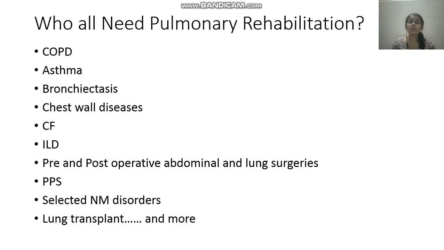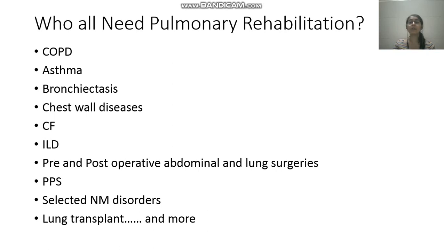Who are the people who need pulmonary rehabilitation? The people suffering from the diseases which I have listed here. It's not necessary that it is limited to only these diseases. There are many more which are related to lungs, because I have stated umbrella terminologies like COPD, ILDs, pre and post-operative abdominal and lung surgeries, any surgery where they've used anesthesia.